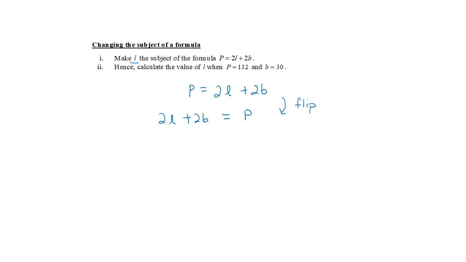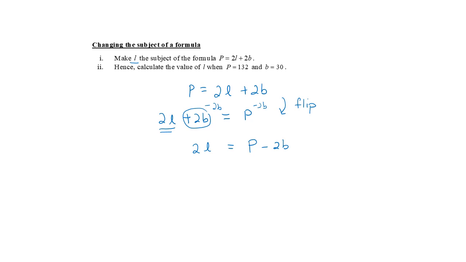Now, I only want the L to be here. In other words, I don't want the plus 2B. So in order to get rid of the plus 2B, I'm going to have to minus 2B from here and minus 2B from here. So my next line will look like 2L equals P minus 2B.